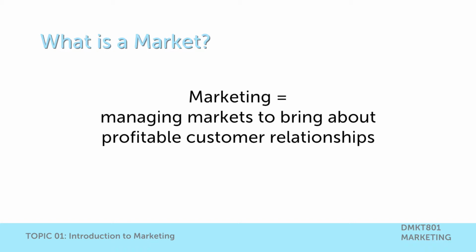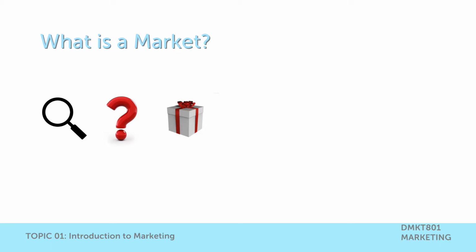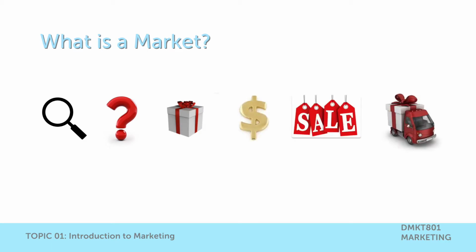However, creating these relationships takes work. Sellers must search for buyers, identify their needs, design good market offerings, set prices for them, promote them, and store and deliver them. Activities such as consumer research, product development, communication, distribution, pricing, and service are core marketing activities.